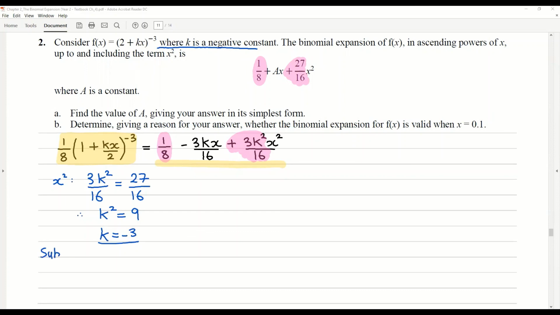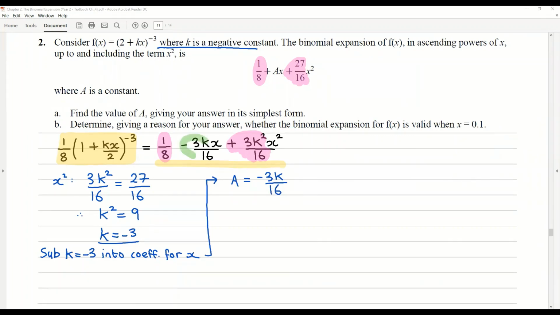So sub k equals negative 3 into the coefficient for x. Let's do that up here. So this means that we have a is equal to negative 3k over 16. Just comparing those, I'll just highlight that again.